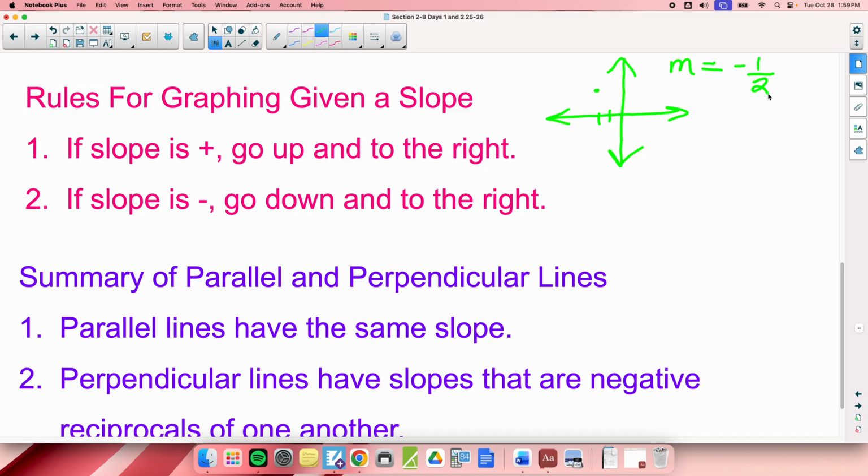And the rules for how to do it, how I do it anyway, is if my slope is negative, I go down whatever the top number is, and I always go to the right for the bottom number. I never go to the left. So from this point, I'd go down 1, and then I keep going right 2.